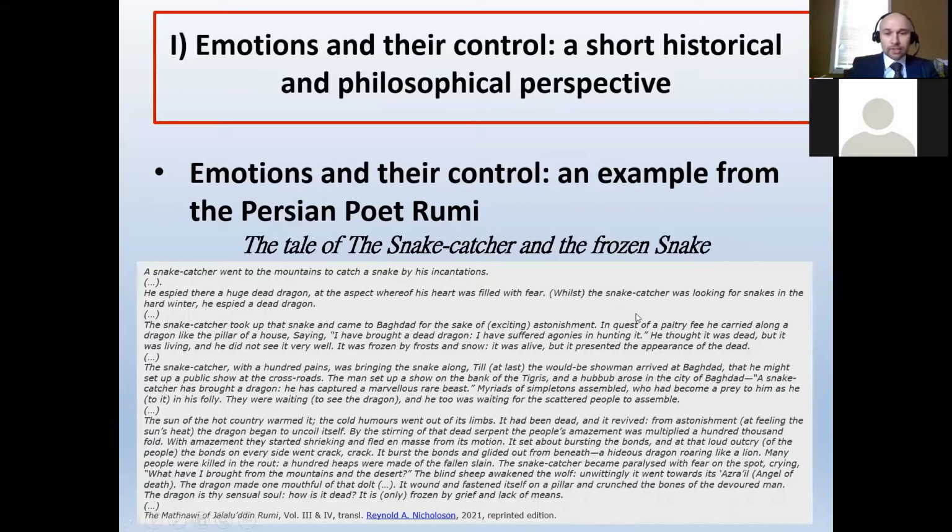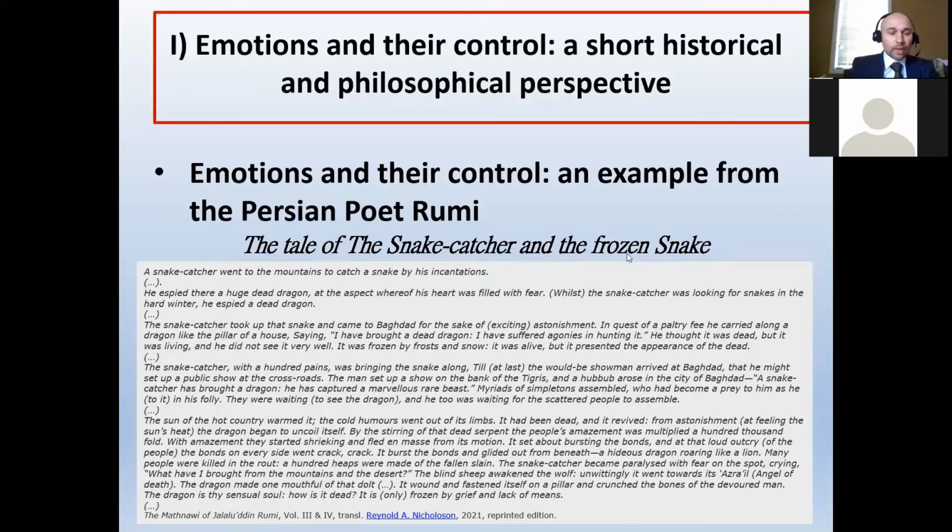So I will just quickly mention a tale. Rumi is a famous Persian poet, and when he gives a tale, it's to teach a lesson. I just briefly describe this one. Its name is The Tale of the Snake Catcher and the Frozen Snake.